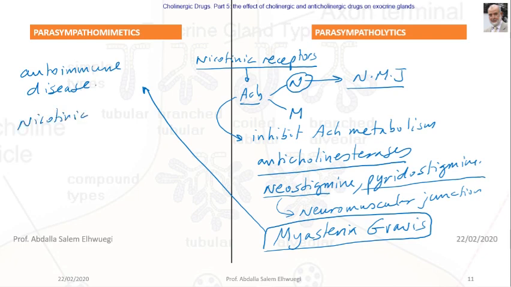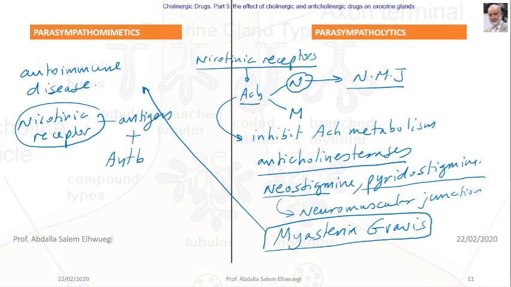The nicotinic receptor, which is present in the body, the body will consider as antigen. So the body will produce antibodies for this antigen, and this antigen-antibody reaction will result in destruction of nicotinic receptor.